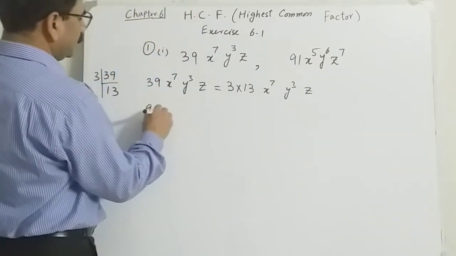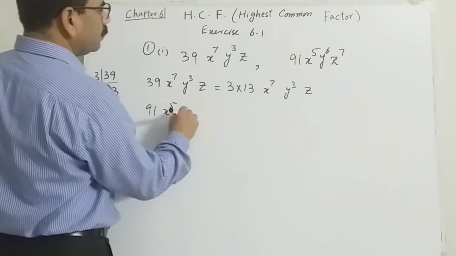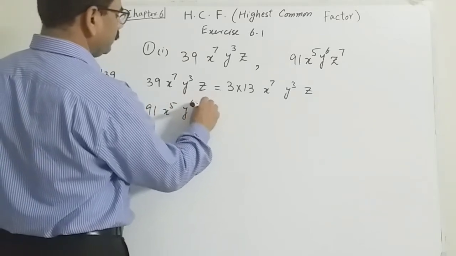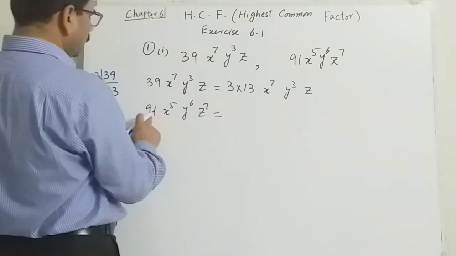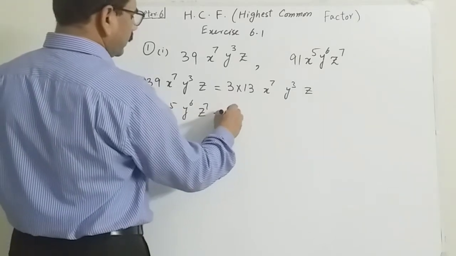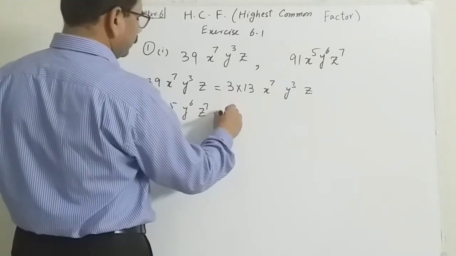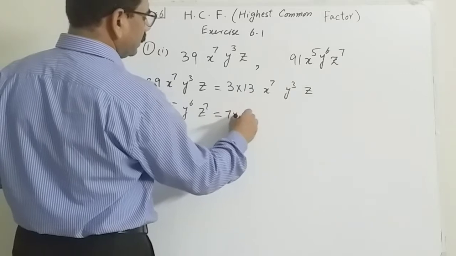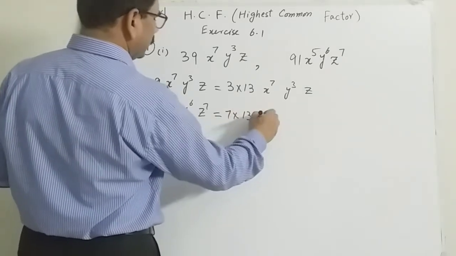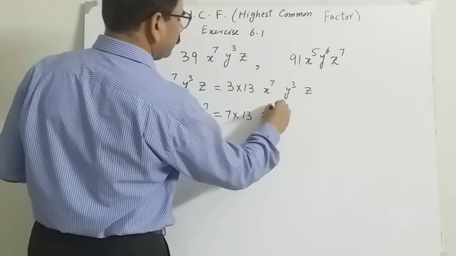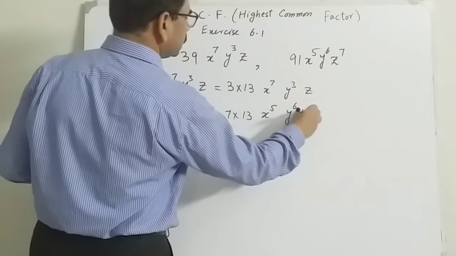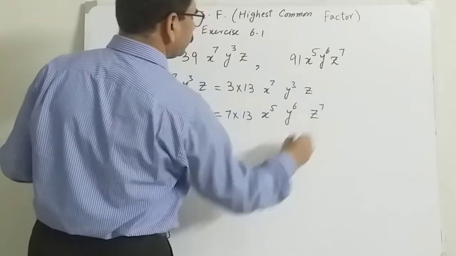And 91x^5y^6z^7 can be factorized as, 91 can be factorized as 7 multiplied by 13 x power 5 y power 6 z power 7.